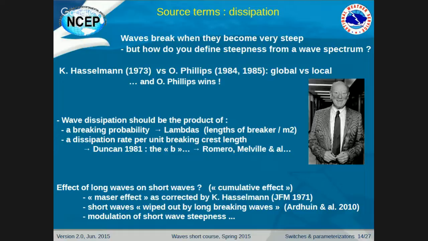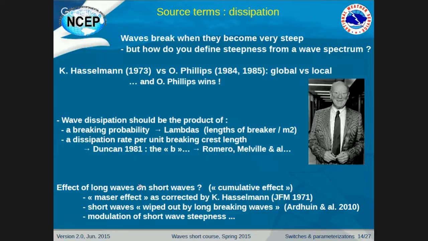Now, there's a lot of struggle in getting this B coefficient, because some people say, oh, no, actually it's not quite a constant, it has to be a spectral shape. So you can look at all the papers by Romero and Delville and others. There's still a lot of work going on because we still have a hard time getting numbers on how much dissipation there is in one breaking wave. But at least we have some framework for defining how that is.